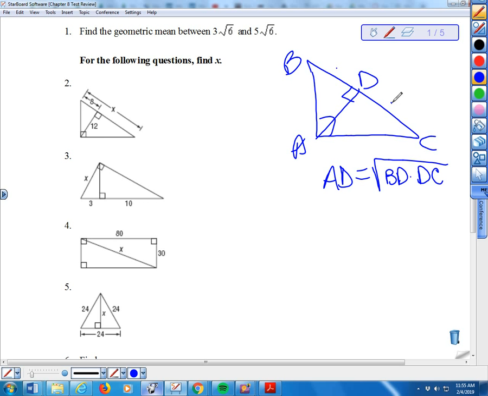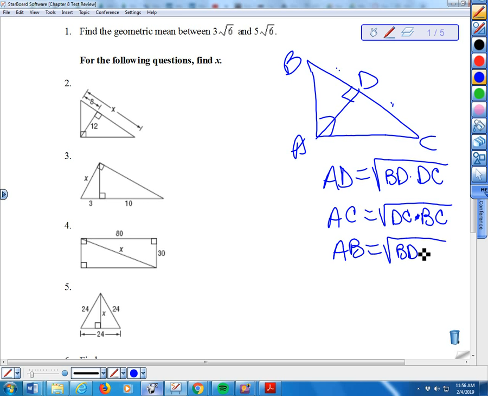The altitude is equal to the geometric mean of the 2 sides of the hypotenuse that it creates. Then we could deal with the side length. AC is the geometric mean between the side closest to it and the whole length. Or AB is the geometric mean between the side closest to it and the whole length.